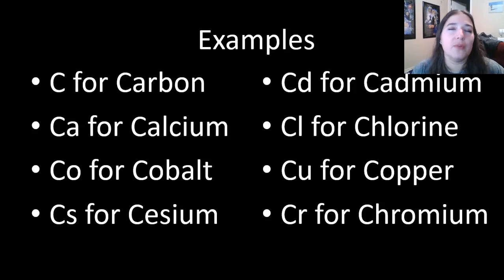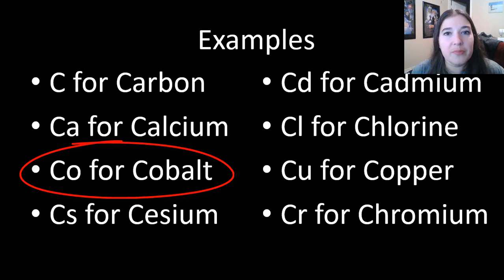Here are some examples. You don't need to write these down, but I'm just showing you a whole bunch of options for everything that starts with C. So it's really important that the second letter is lowercase so that I know that Cd stands for cadmium and Cl stands for chlorine. Notice cobalt over here.